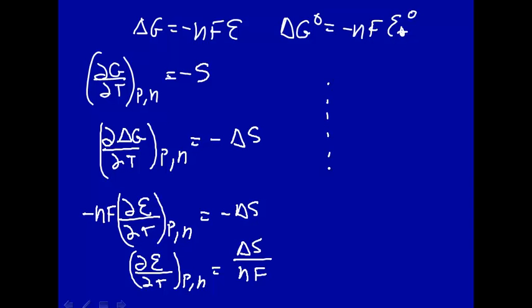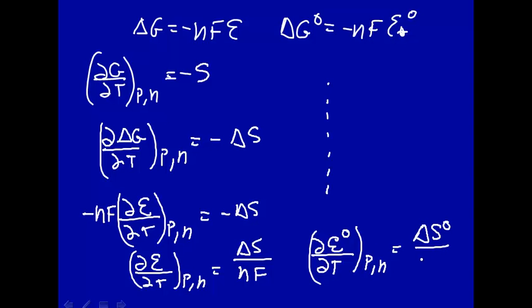We could do the same thing for E0. How E0 changes with temperature at constant pressure and number of moles is the standard entropy change for that particular reaction over nF.